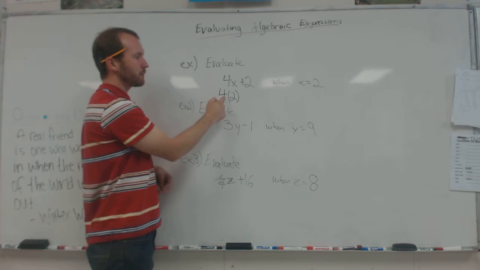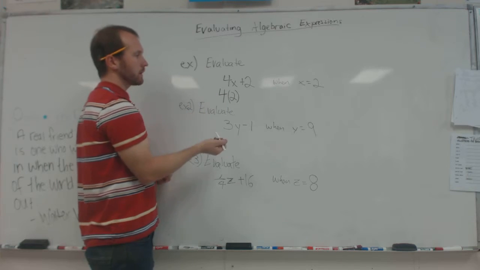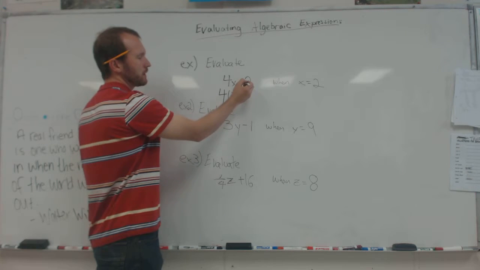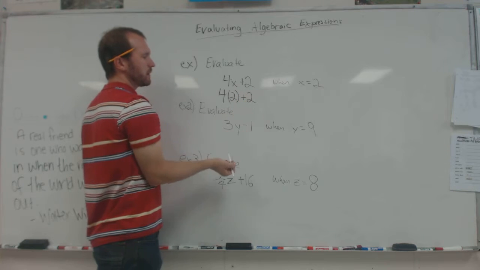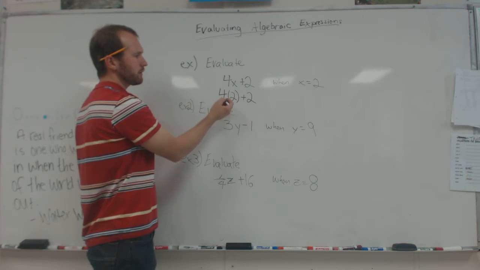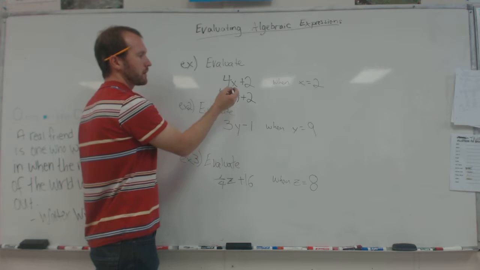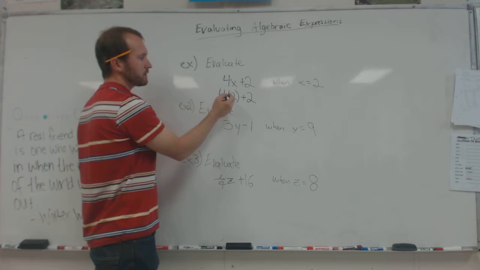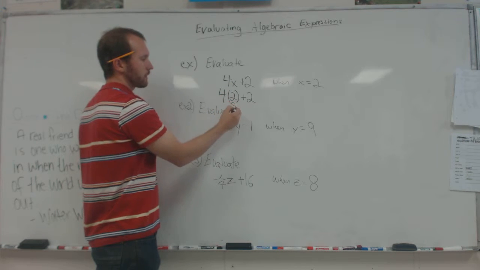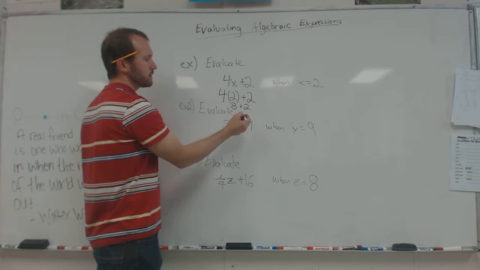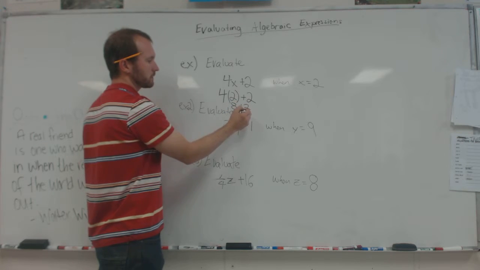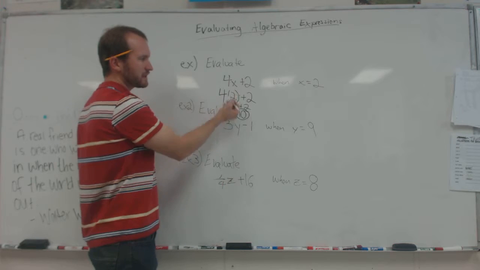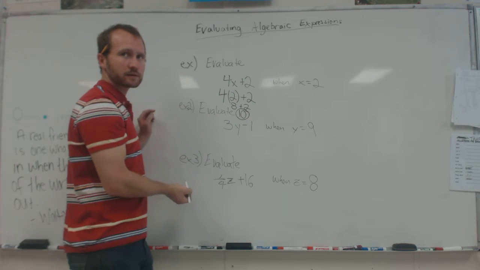Well, what does this mean, 4 parentheses 2? Exactly, 4 times 2. And then don't forget about the last step here, plus 2. Now what am I going to do first, the 2 plus 2 or the 4 times 2? 4 times. Yeah, multiplication. So what is 4 times 2? 8. 8 plus 2 equals 10. I did that one pizza slice style, right? Going down, getting simpler.